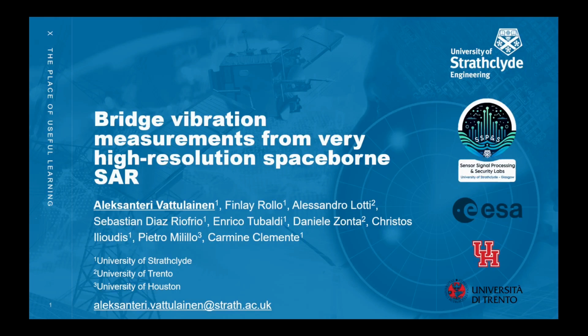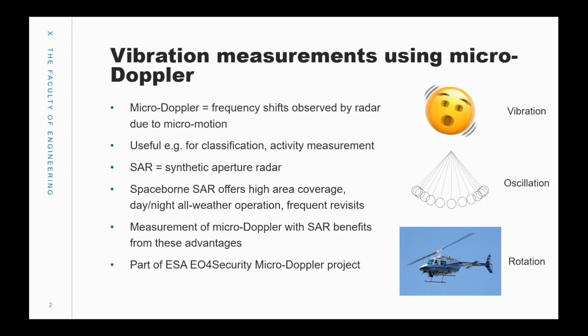Strathclyde. So yeah, when we're talking about vibration measurements in radar, we're talking about using the microdoppler effect. Microdoppler is frequency shifts observed by radar due to micromotions, be that vibrations, oscillations, rotations, anything that has a kind of periodic nature. And these can be useful for classification or activity measurements.